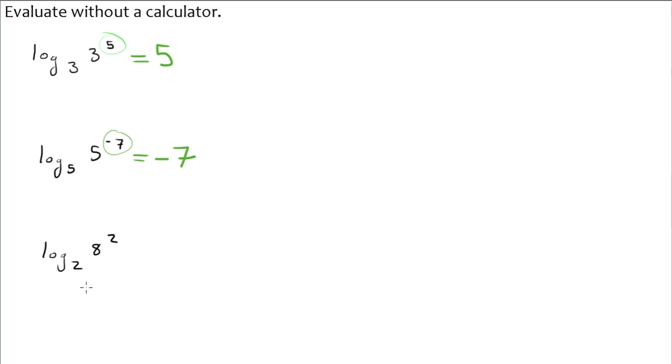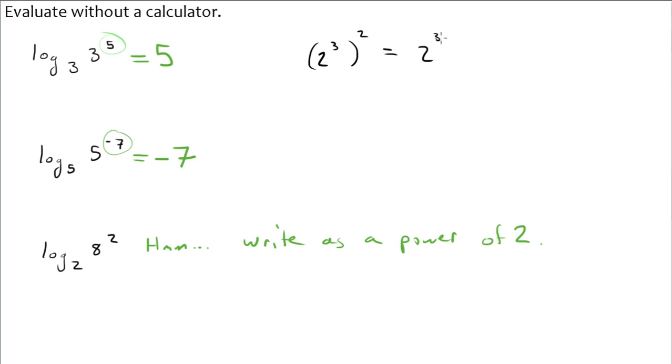This one is more difficult. The log base 2 of 8 squared. We need to write it as a power of 2. Now we could be clever and say 8 is 2 cubed. So we could have 2 cubed squared, 2 to the 3 times 2, 2 to the 6th.